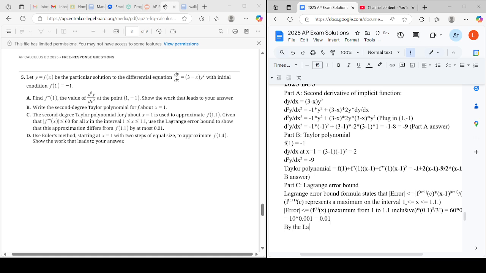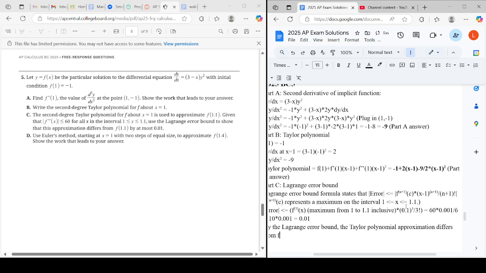So by the Lagrange error bound, the Taylor polynomial approximation differs from f of 1.1 by at most 0.01. So that's the part C answer.